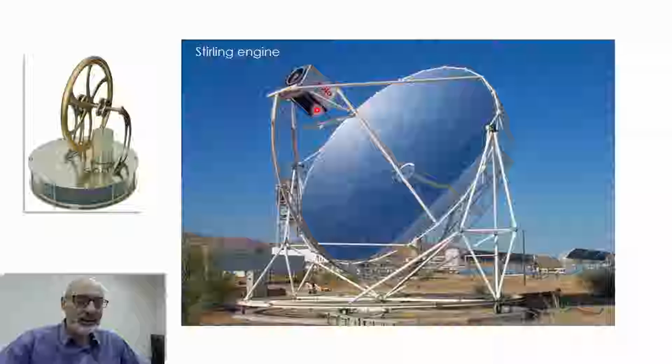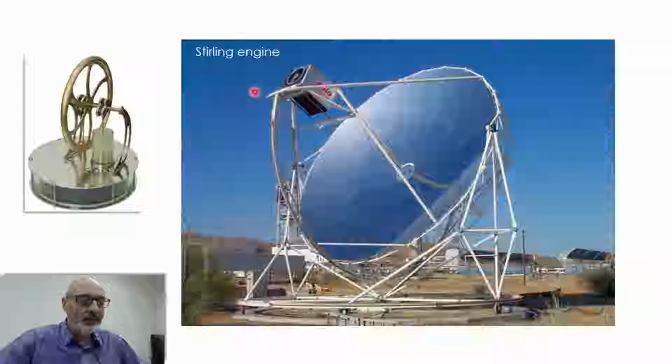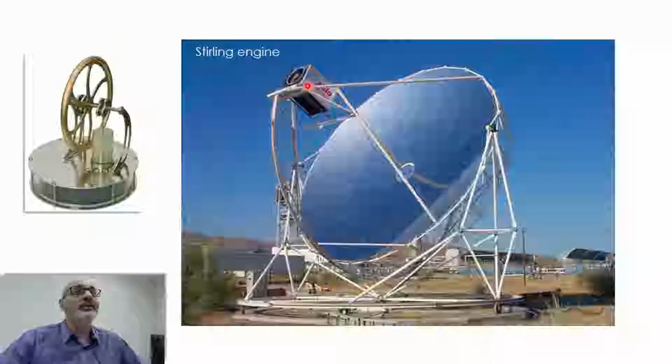But instead of absorbing the solar energy at the focal point by means of a working fluid, you have a Stirling engine placed here. So it converts the solar energy directly to electricity. So it's a direct electricity conversion.